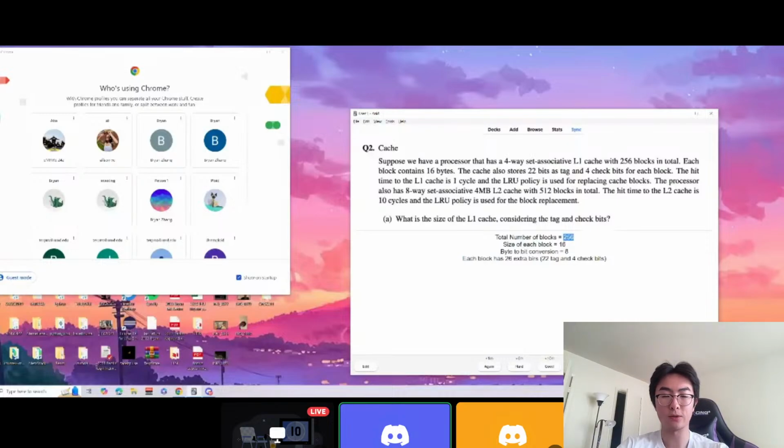Oh, 2 views. Nice. Alright, terminal. getconf.